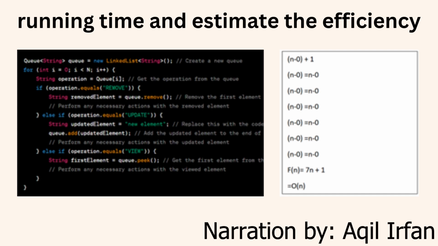So the total time for the loop is also O(n). Therefore, the total running time of the algorithm is O(n) plus O(n) plus O(n) equal to O(3n), which simplifies to O(n).